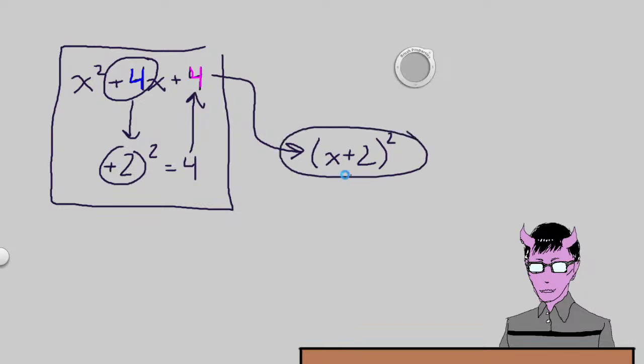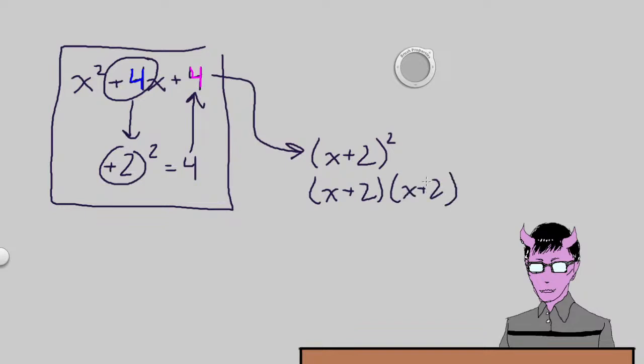So go forwards again. Let me do the expansion form first. If you have x plus 2 times x plus 2, the summation of those two middle terms is going to get you 4x. And then the product of those two is going to give you 4, right?